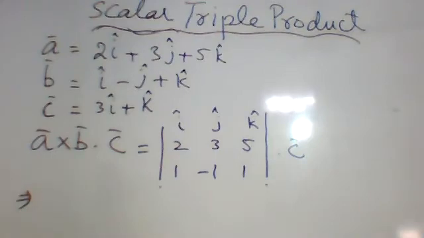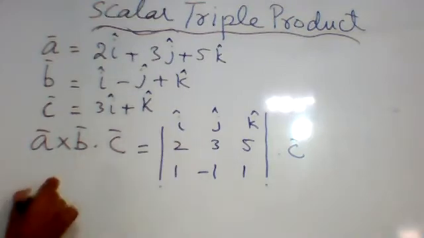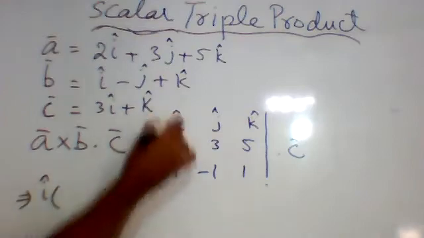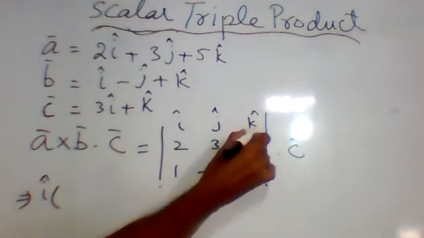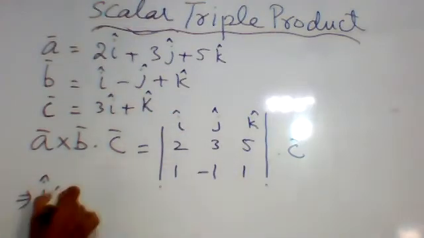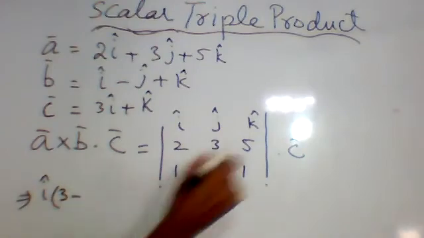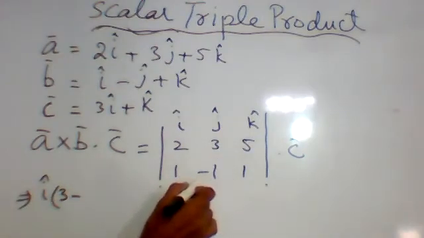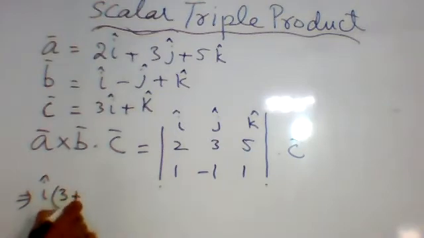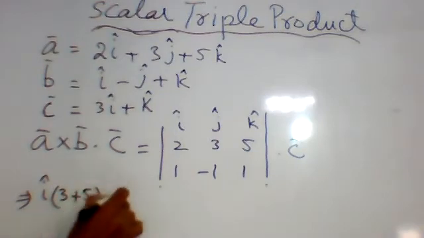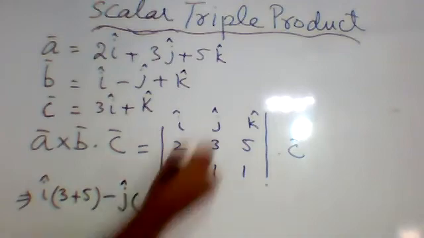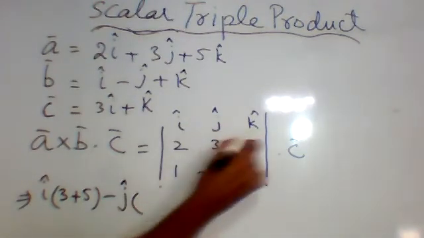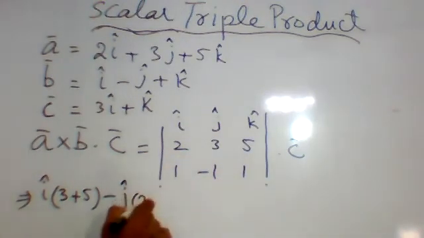We will take the cross product. First we take i. Leave this column and this row. 3 into 1 will be 3. Minus 5 into minus 1 will be minus minus plus 5. Then minus j: leave the jth column and row. 2 into 1 will be 2.